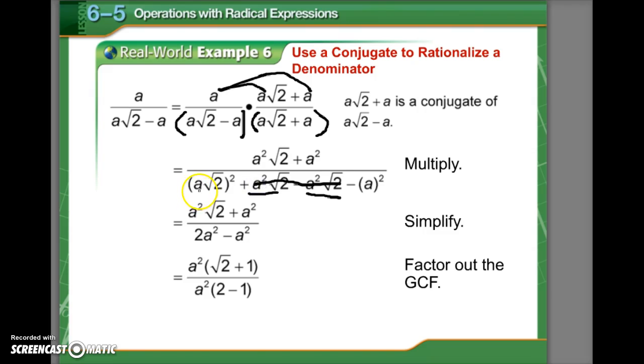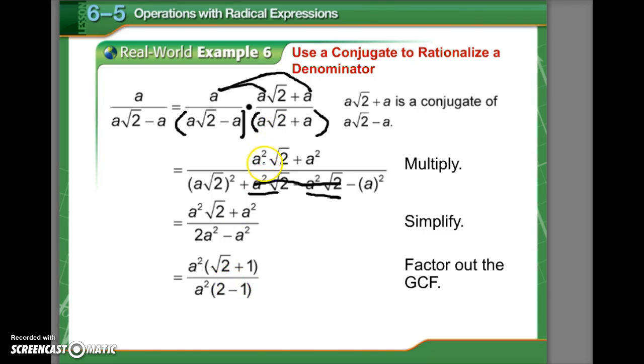So we're left with just A root 2 squared minus A squared. So A root 2 squared is A squared and root 2 squared. Root 2 squared is root 4, and root 4 is just 2. That's how we get this 2. So we have 2A squared minus this A squared, which leaves us with just 1A squared.